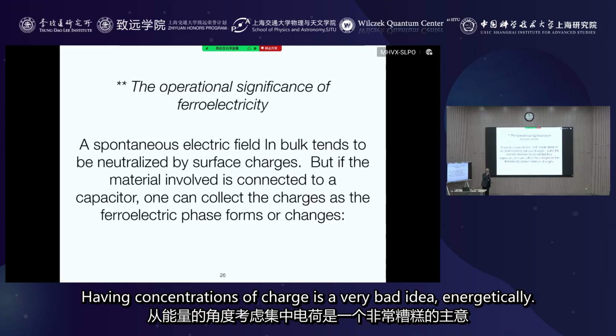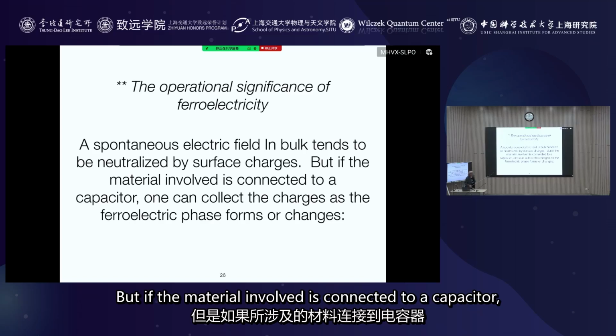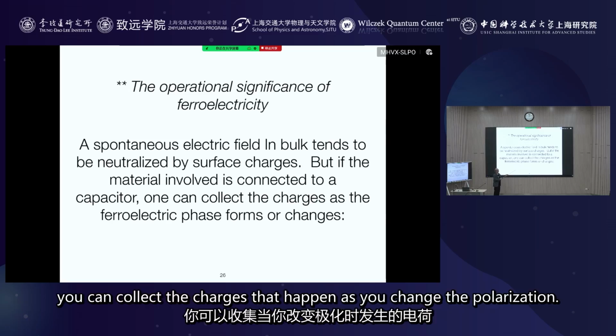Having concentrations of charge is a very bad idea energetically. But if the material involved is connected to a capacitor, you can collect the charges that appear as you change the polarization.